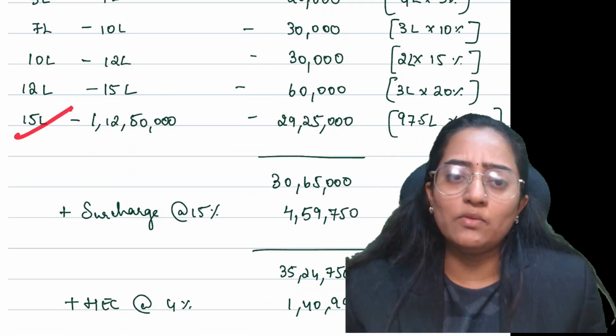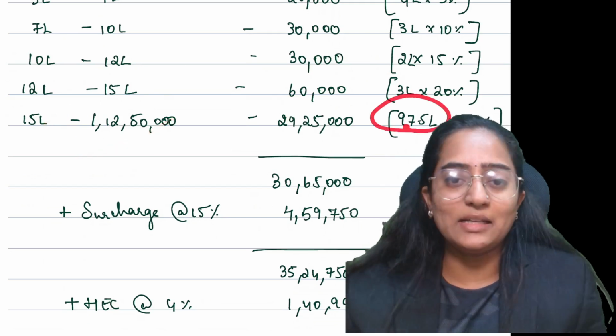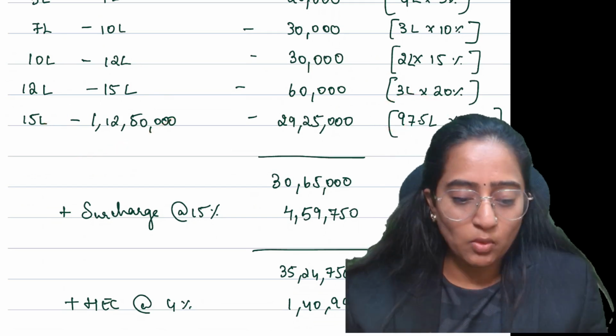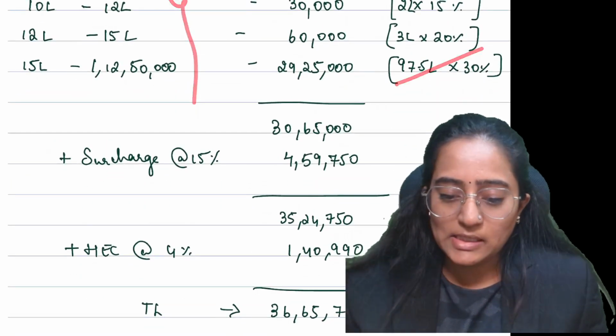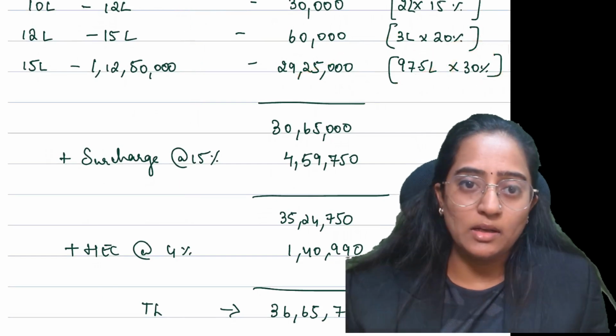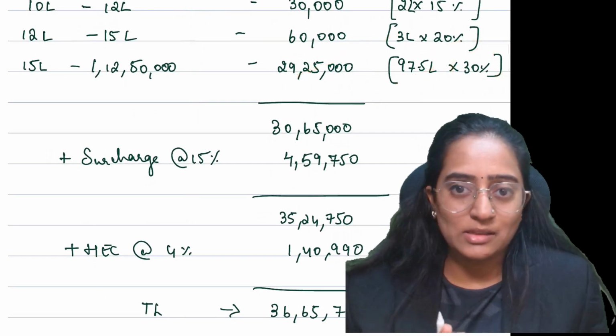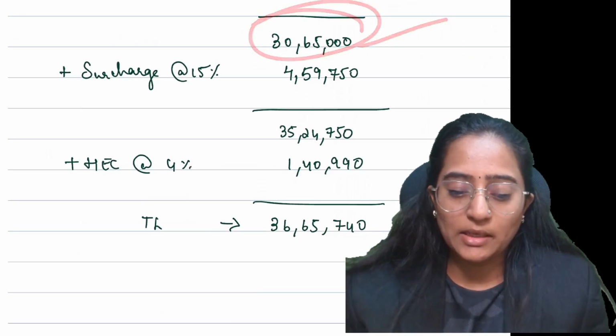And above 15 lakh, for 1 crore 12 lakh 50,000, whatever the difference is, 97,000, that difference into 30% gives you the solution. Clear? Understanding, everyone? After calculating the basic tax liability, add the surcharge.